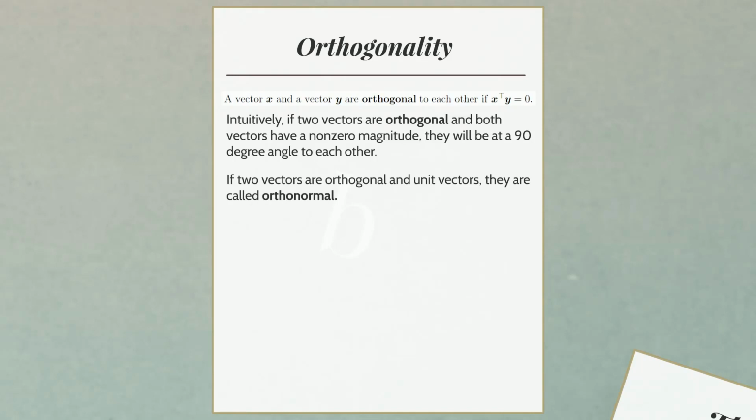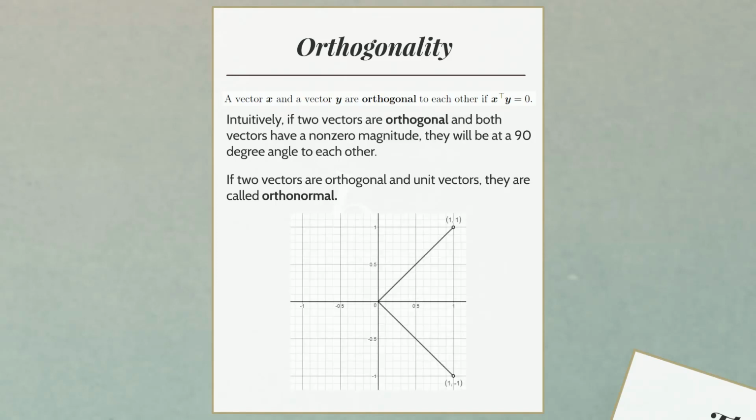We can also extend upon that and say if two vectors are orthogonal and they're also unit vectors, they are called orthonormal. This is just a combination of normalization as well as orthogonality. Here's an example of orthonormal vectors.